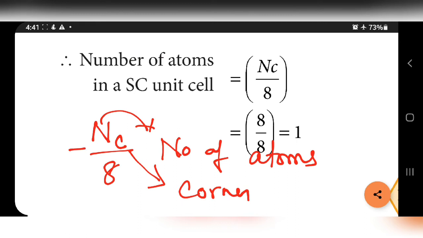Totally how many atoms are present at the corners? The number of atoms at the corners is 8 in simple cubic, divided by 8. 8 by 8 is equal to 1.